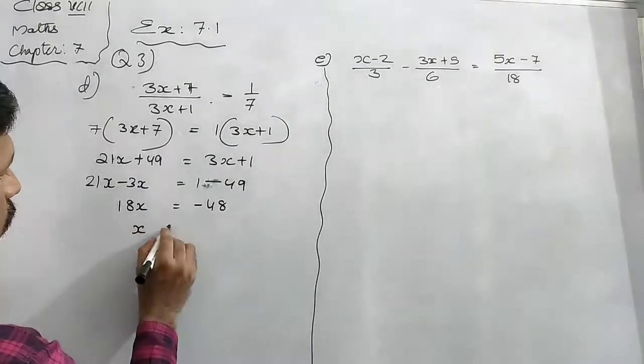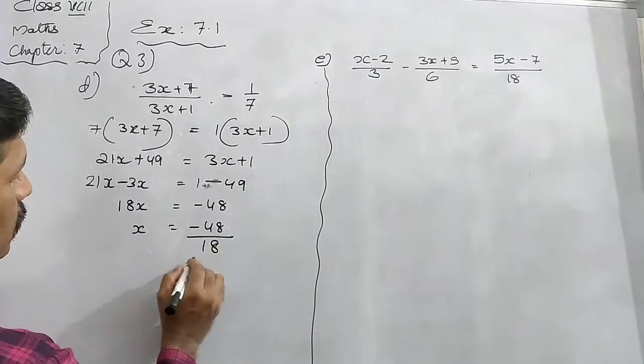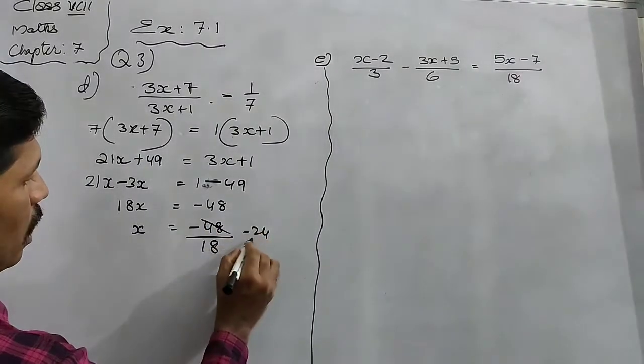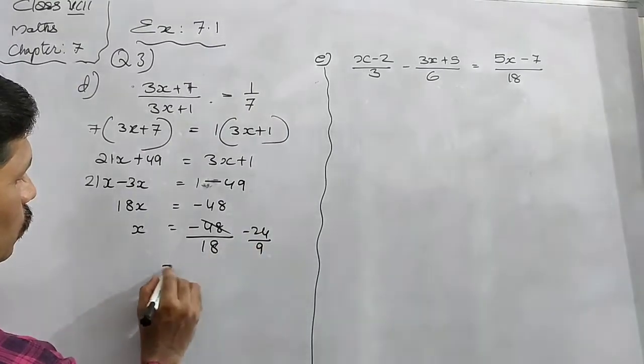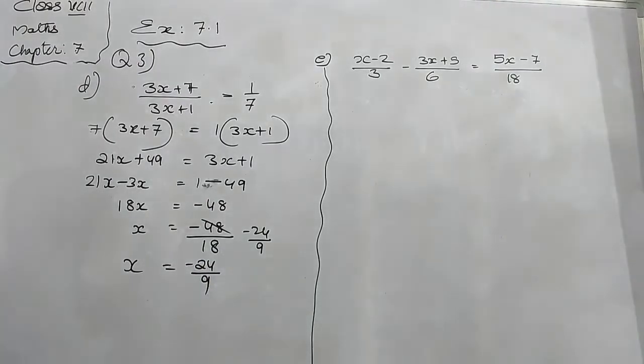Therefore, x is equal to negative 48 upon 18. Then we can cut and reduce, then we get negative 24 upon 9. So, x is equal to negative 24 upon 9.